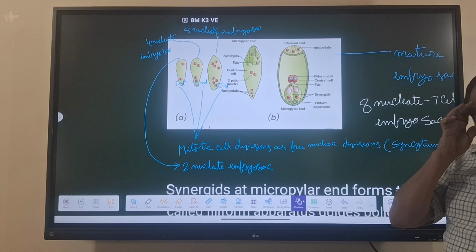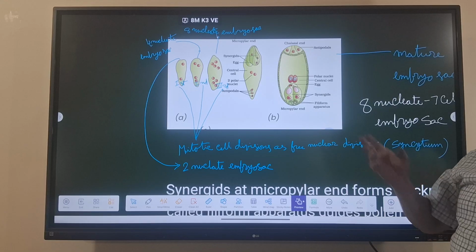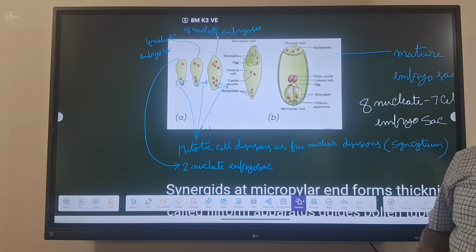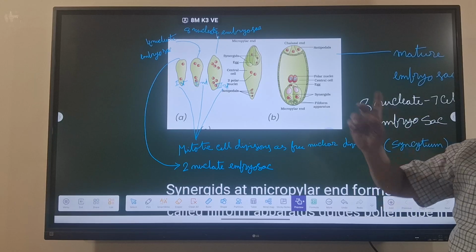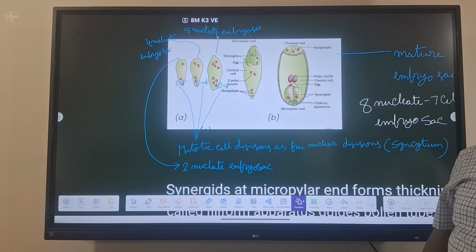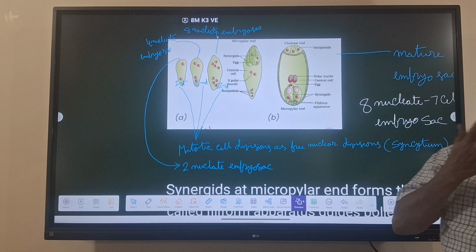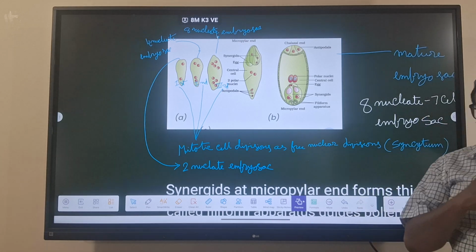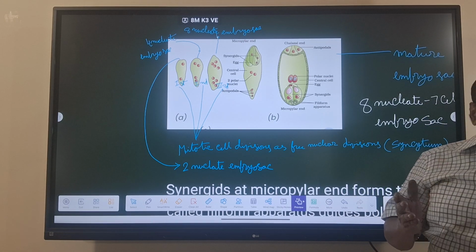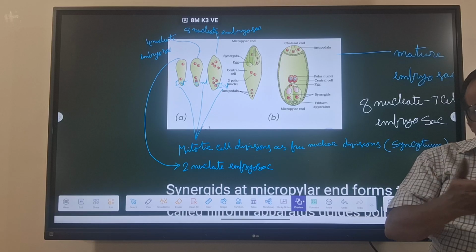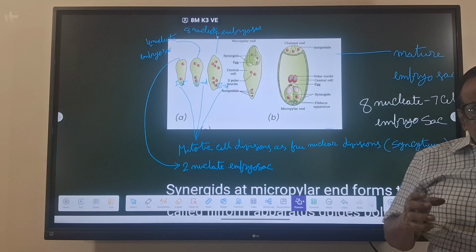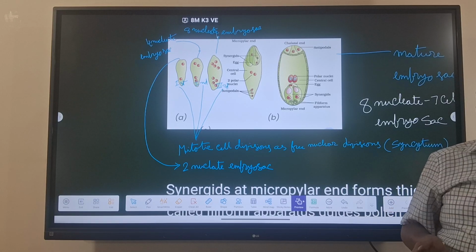And one more thing: when they fuse, some people say it is diploid. No, it is a haploid cell only, because 2 nuclei are present, and both are haploid. When they fuse just before the fertilization... Double fertilization, triple fusion.